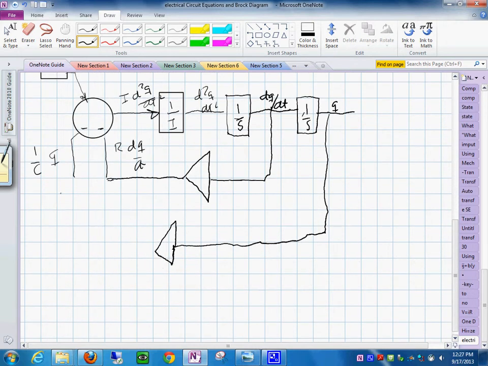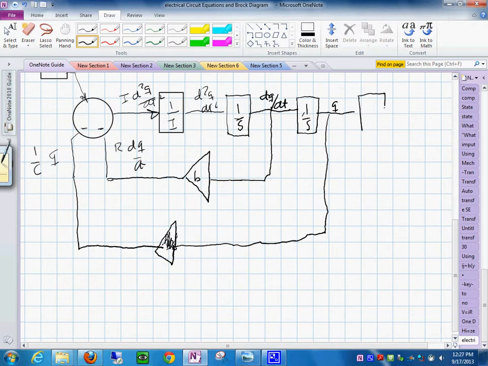And then here this will go into here. This would be R. This is the Simulink that we could go.